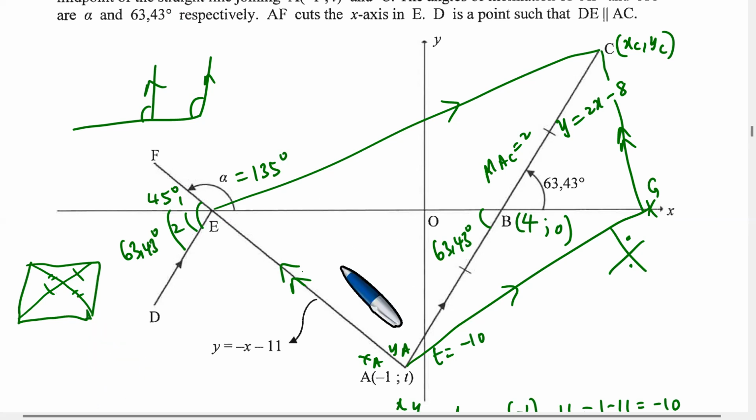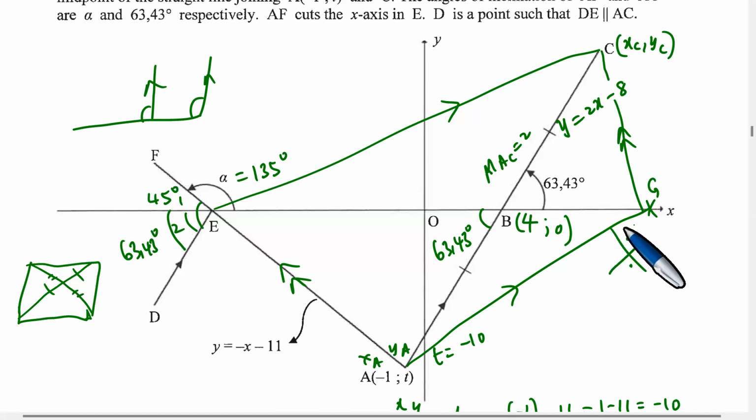Now it means if you can find the coordinates of E, which is very easy because the equation of the line that passes through E is known. The equation is y equals minus x minus 11. If you find the coordinates of E, then we have the coordinates of B, and then the coordinates of G will be obvious.